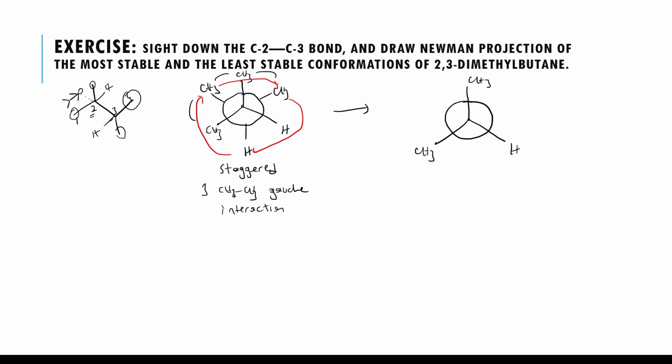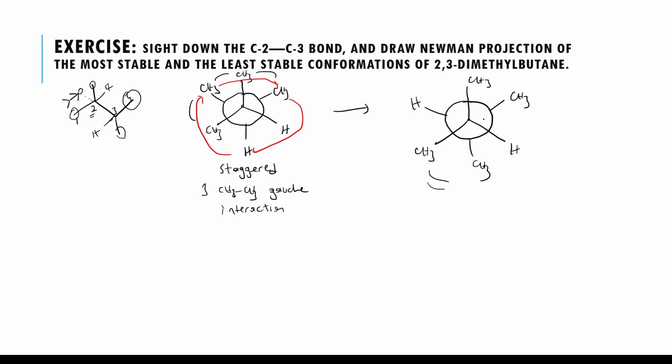So this methyl group will move in place of that methyl group, and this methyl group will move in place of this hydrogen, and this hydrogen will move in place of this methyl group. So we ended up with a different staggered conformer. Let's analyze the interactions.